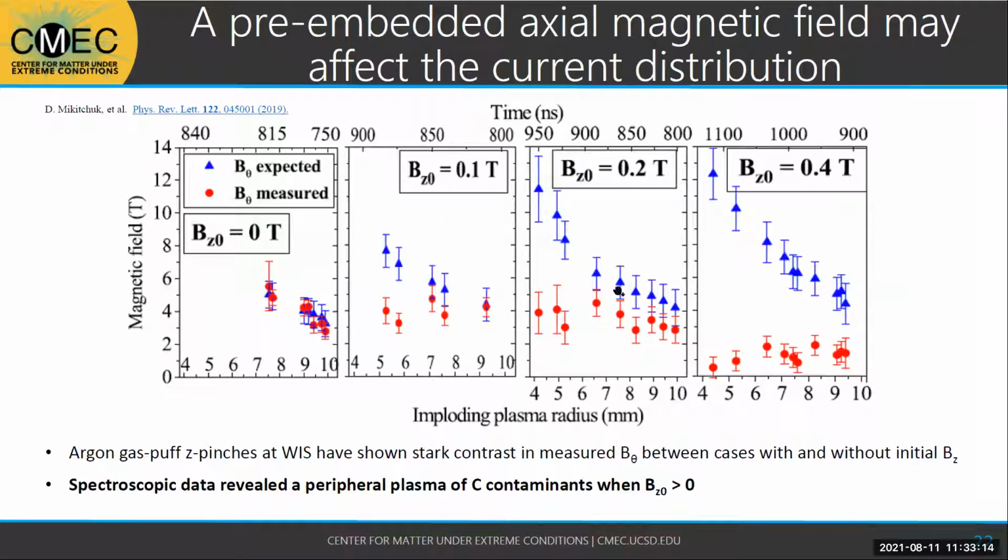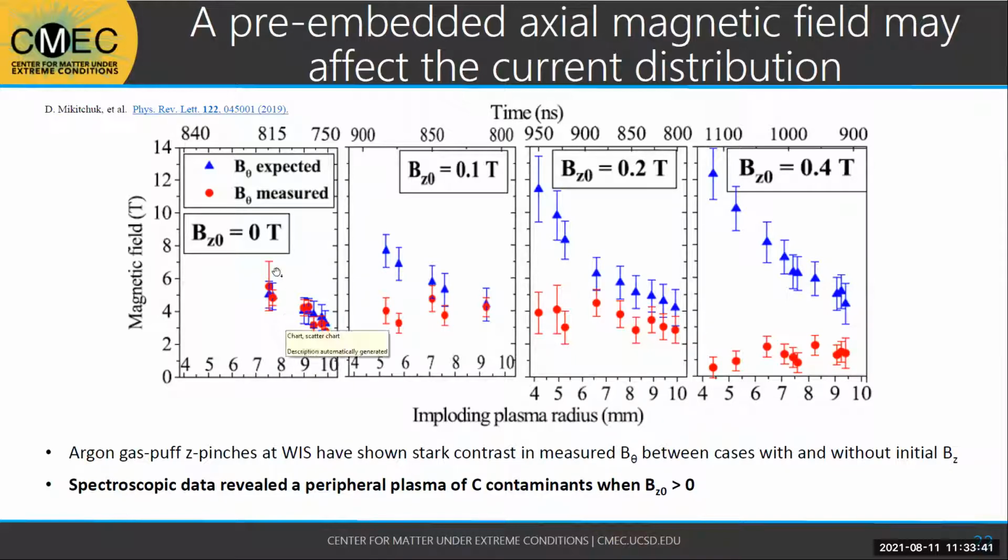I mentioned in the beginning the previous studies done by the Weizmann Institute. They varied the initial axial magnetic field and found that their expected and measured values were heavily dependent on that. The horizontal axis on these plots is the outer plasma radius, and the y-axis is the magnetic field strength.